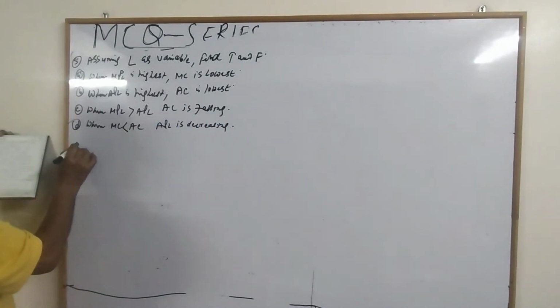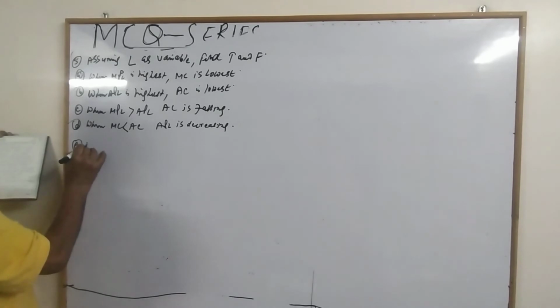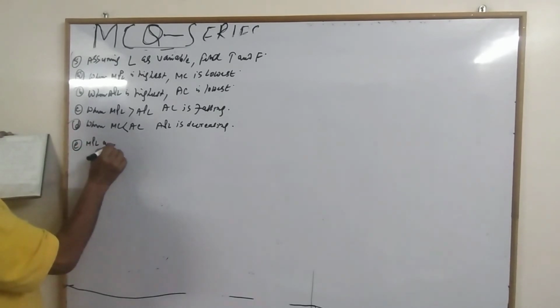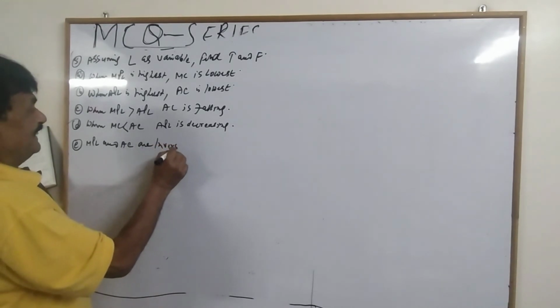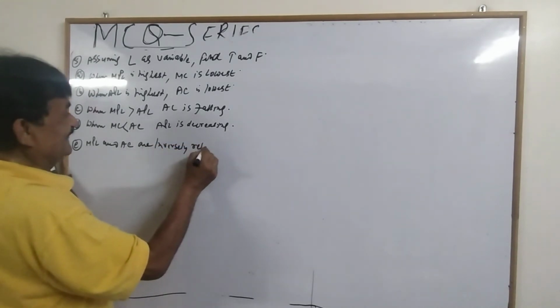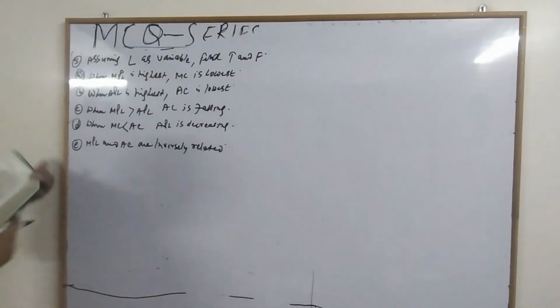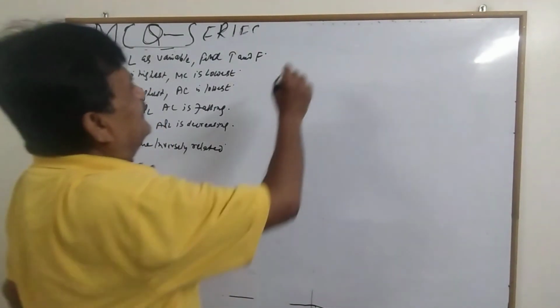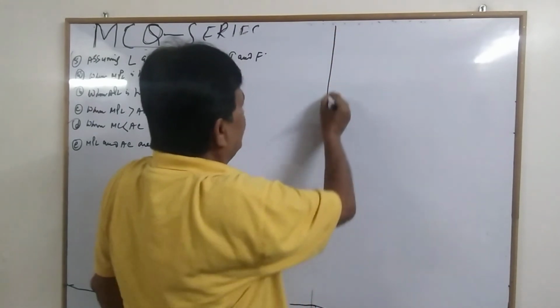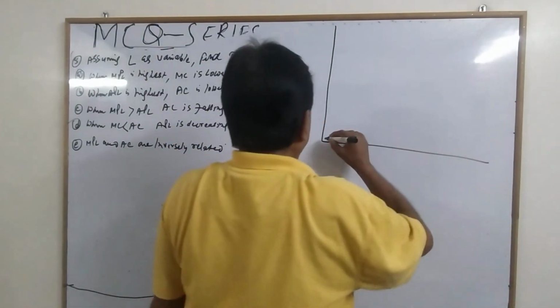And E, MPL and AC are inversely related. Now all these 5 options could be answered through the diagram I had given in the last class.